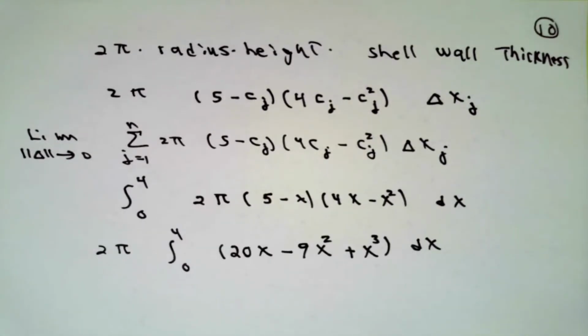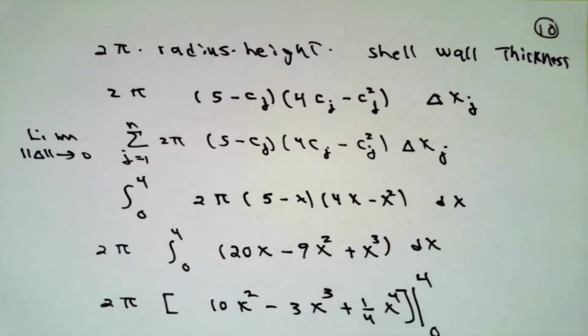In contrast with whatever went on with the washer method, I just have to integrate a polynomial. There's no square root, there is no substitution needed. The remaining antiderivative is easy to get: 10x squared minus 3x cubed plus 1/4 x to the 4th. When I evaluate those at 0, the antiderivative is 0.